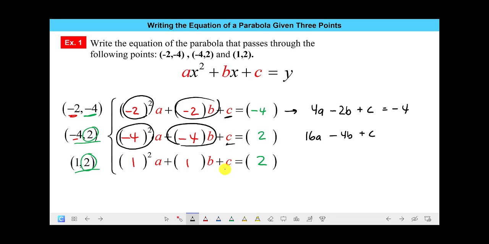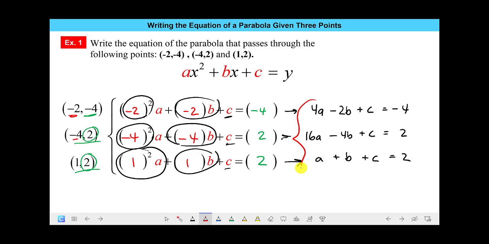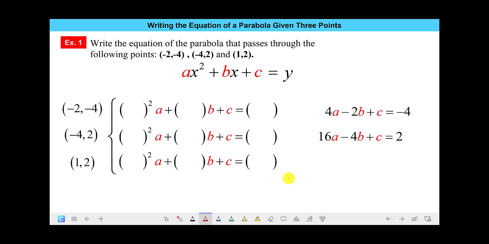These are always going to be like that, by the way. Then come here, of course, that's just going to be a plus b plus c equals 2. So now I have my 3 equations, and this is just going to be a system of equations we'll solve. 3 equations, 3 unknowns.